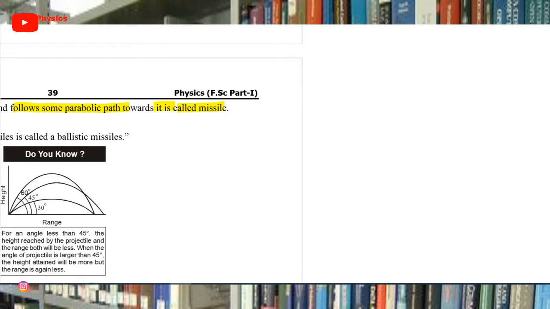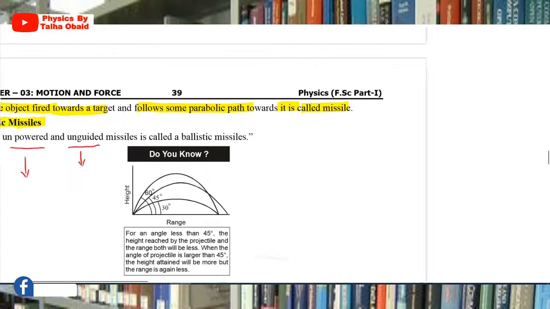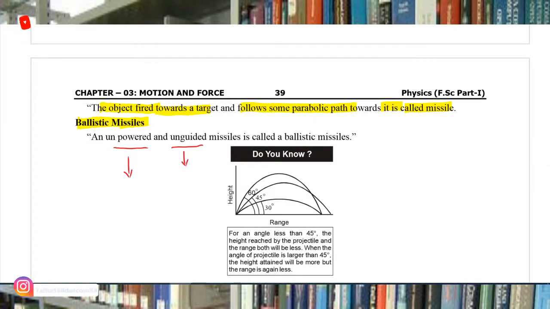That kind of missile is a guided missile, and that missile is actually following the heat or temperature that is being emitted from the tail of the target. Now these kinds of missiles have sensors or some such things which follow some signals. Like in this example, this missile was following the heat.